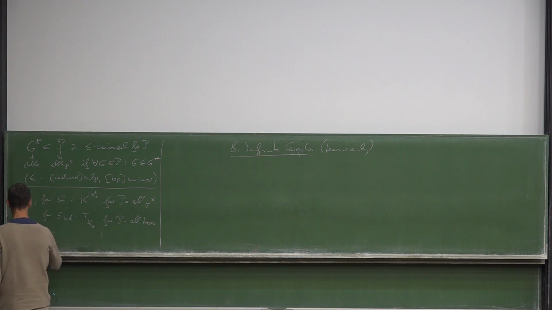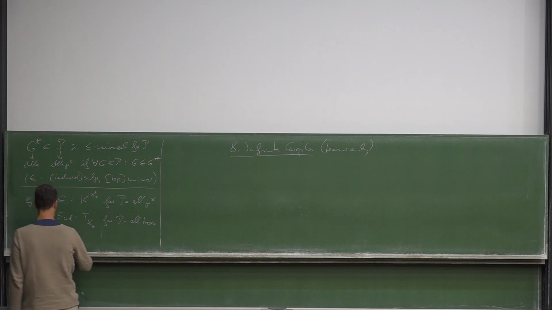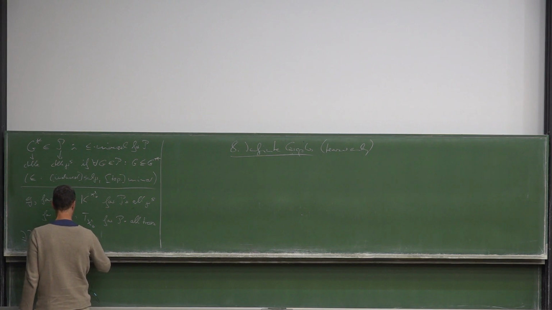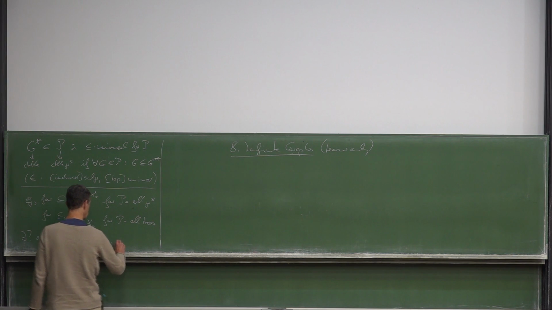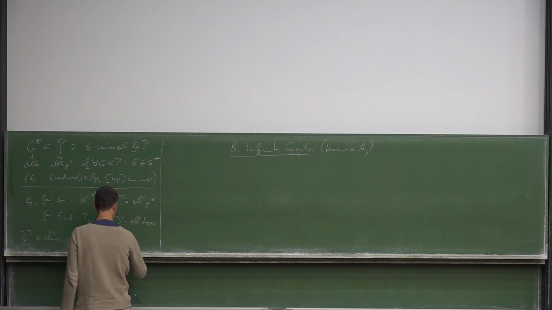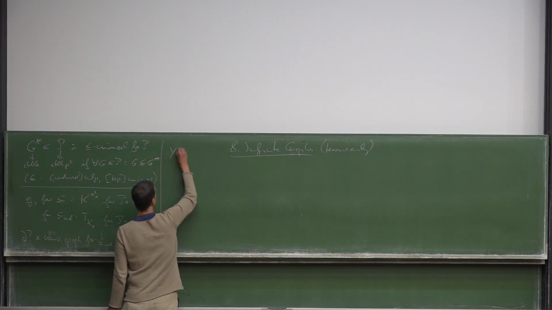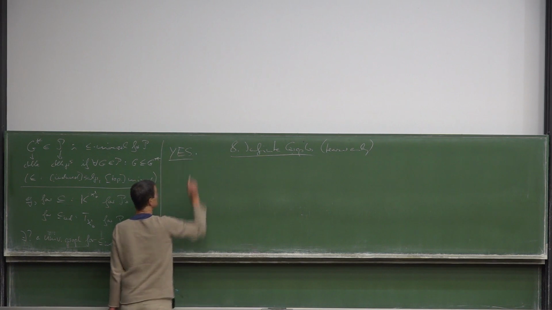Right, so is there a universal graph for induced subgraphs and P all graphs? The answer is yes. So let me show you that.